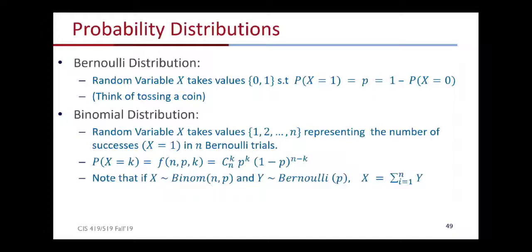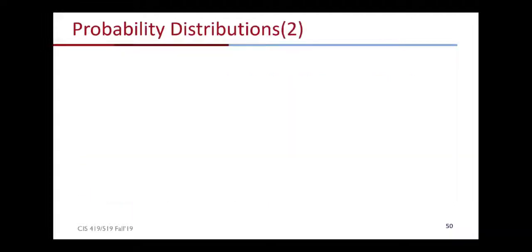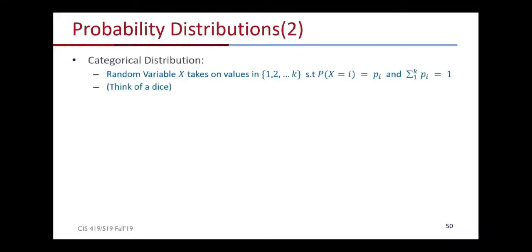I assume you've all seen it before. Basically, if X is binomial with parameters n and p, and Y is Bernoulli with p, you can think about X as basically a sum of n Y's. So that's one probability distribution that we want to carry with us. A second one is what is called the categorical distribution. So think about, rather than a coin toss, a die.